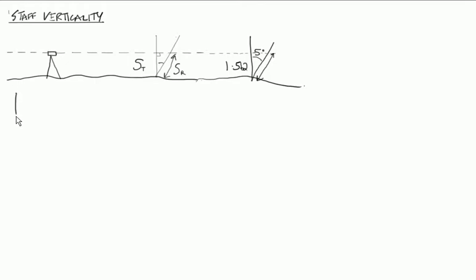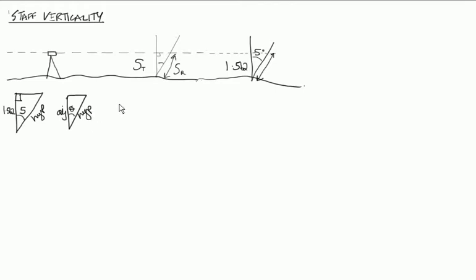So the triangle that we're looking at is like that. We know that that is 5 degrees and the adjacent is 1.562 and it's the hypotenuse that we're looking for. So we know theta, that's the adjacent, it's the hypotenuse we're looking for.